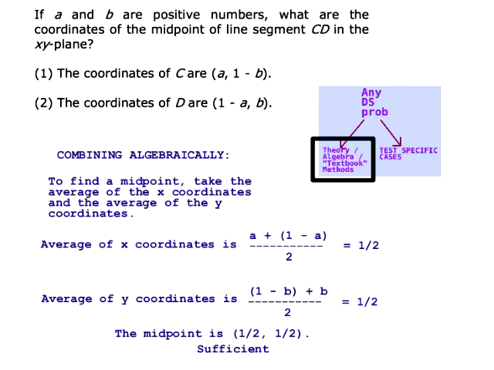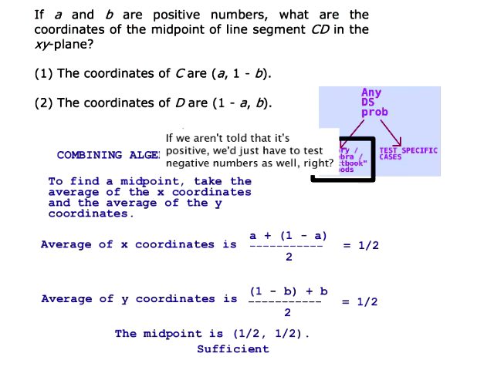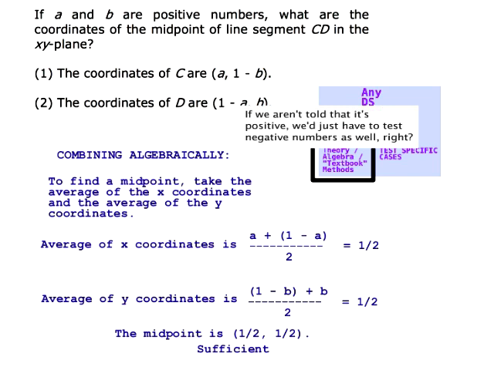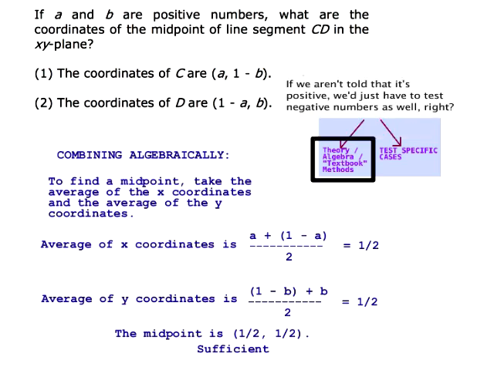Okay, the question is this. What's interesting about this is that for the most part, the positive number restriction is not super relevant here. But let me just tell you what they're doing with that. They're just trying to make sure that C and D don't end up being the same point.